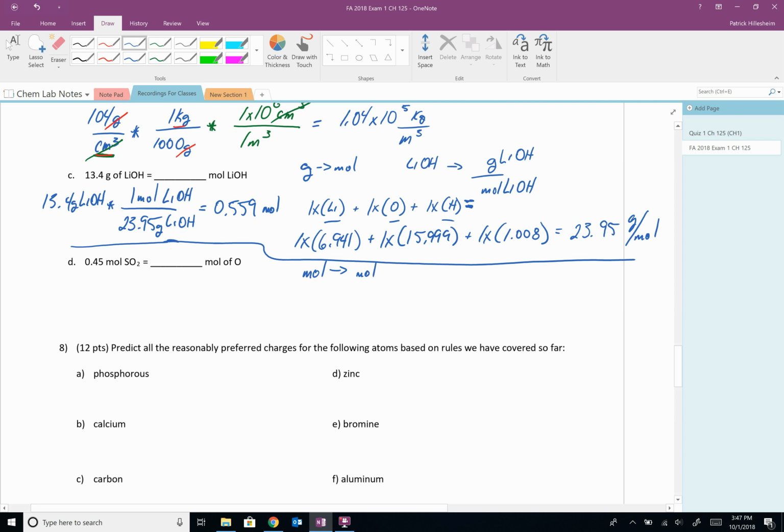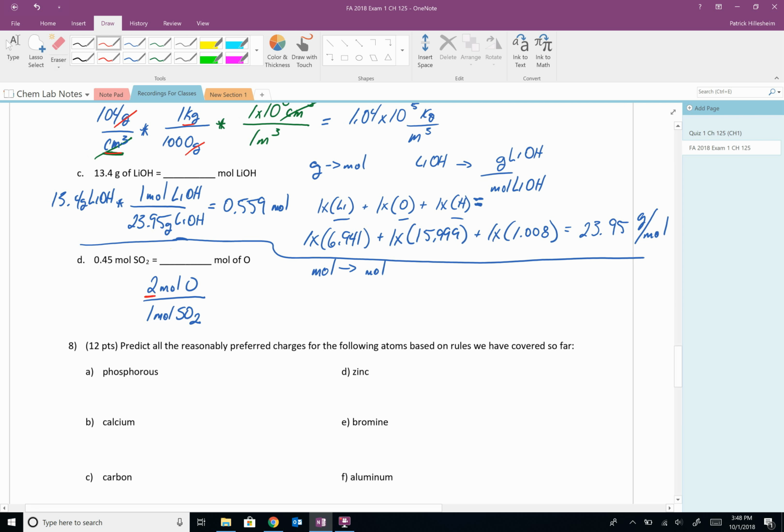Let me just walk through this real quick. If we translate that idea into a fraction, a conversion factor, I said that if I were holding 1 mole of SO2, I was holding 2 moles of oxygen. Got it? So I'm pulling this 2 from my formula there. That's part of what our molecular formula can tell us.